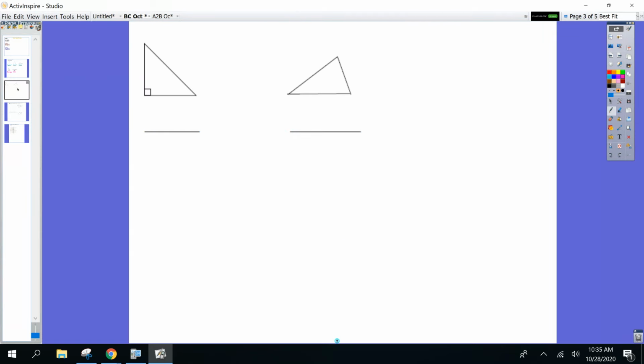We should know this one right away. That's my right triangle. We've been dealing with those. And the last one, you guys probably have angle measurements in here too, I assume. 70 on the left, 30 on the right. Thank you.